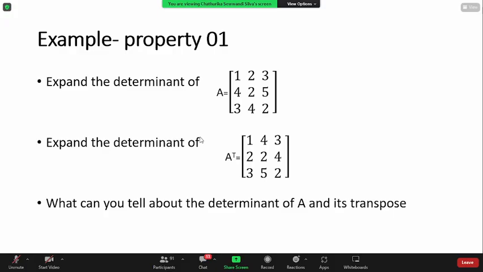Right, okay. So tell me, expand the determinant of this matrix. The first matrix A: 1, 2, 3, 4, 2, 5, 4, 3, 4, 2. So tell me, what is the determinant of A?